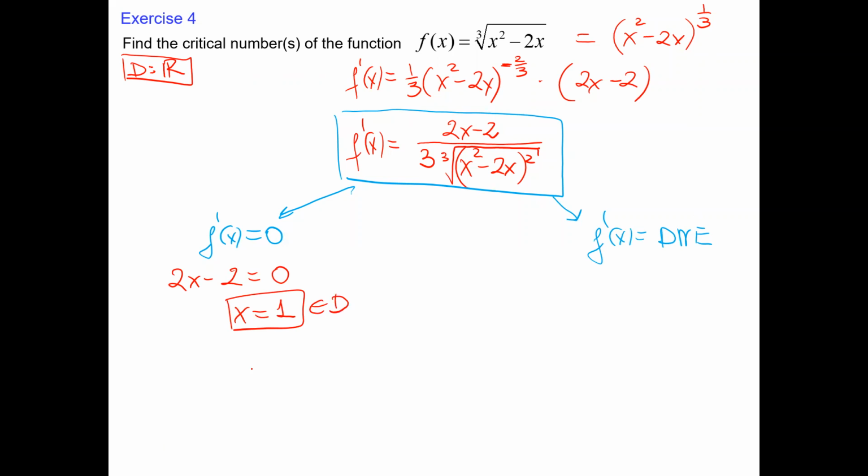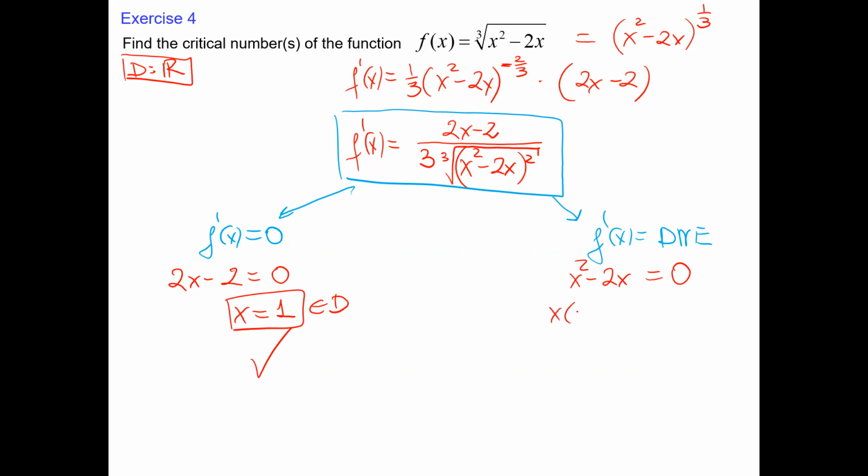This belongs to the domain, that's a critical point. Undefined. The derivative is undefined if this fraction is undefined. This fraction is undefined if the denominator is 0. The denominator is 0 if this quantity is 0. Because 3 is never 0, for the cube root, that quantity must be 0. Then the entire denominator is 0.